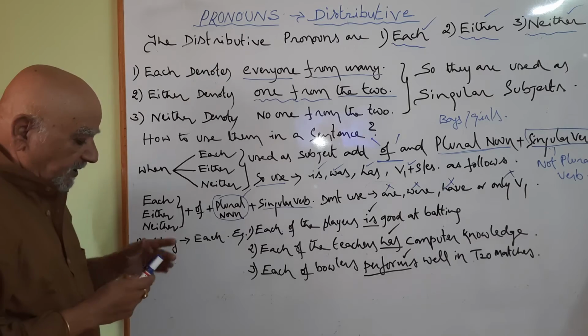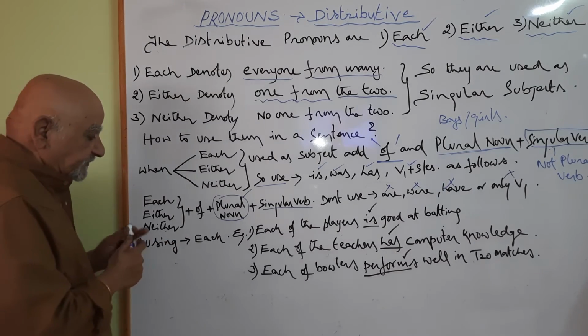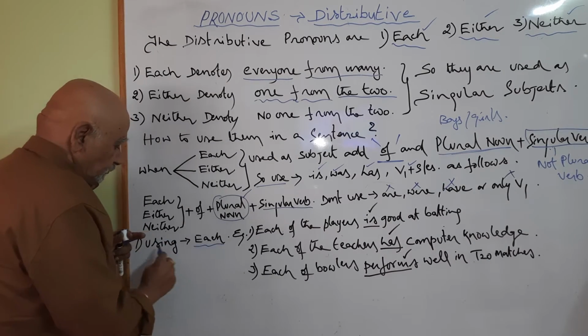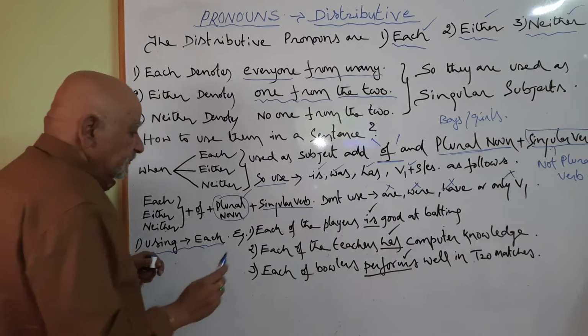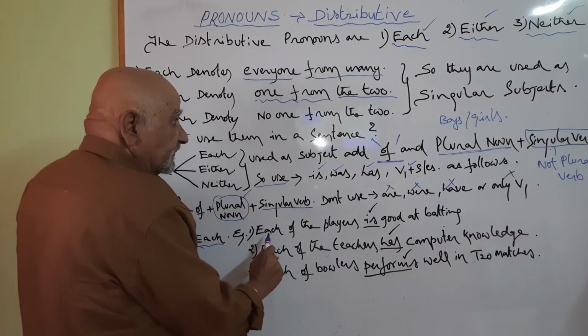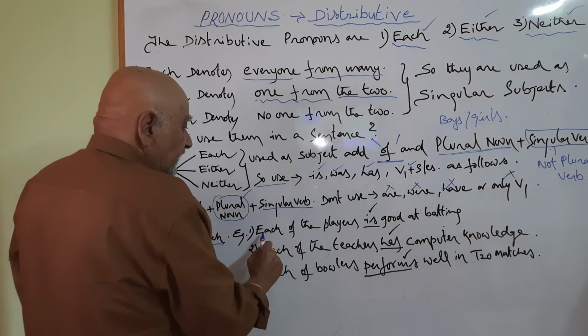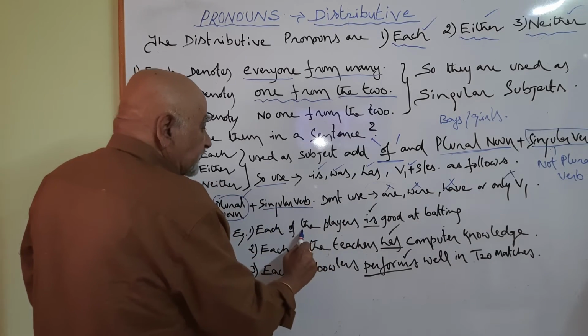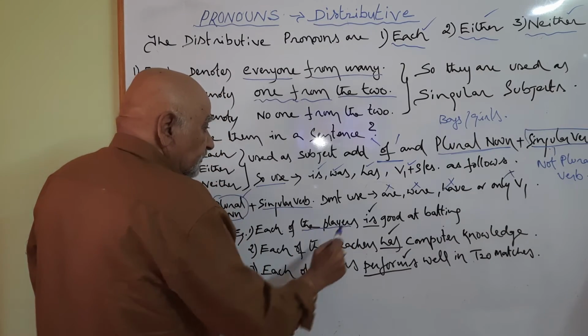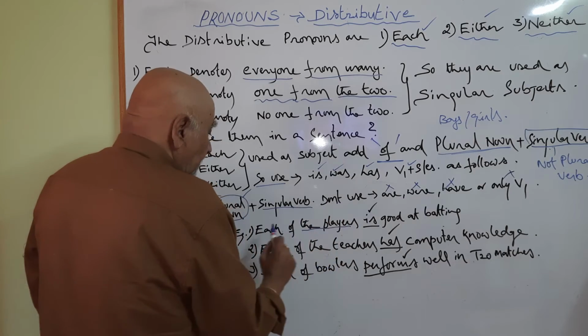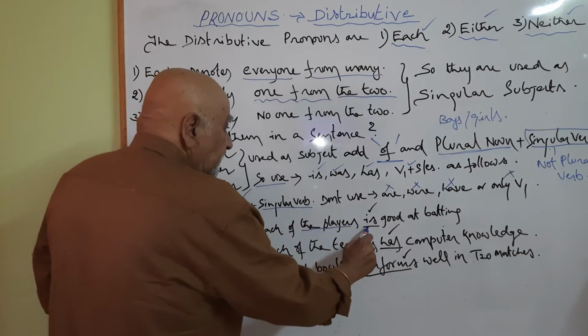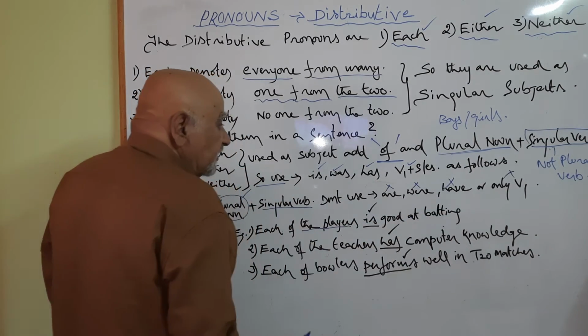Now, first, using each. First example, each plus of. Each of the players. This is plural noun. But here don't use are. Is. Each of the players is good at batting.